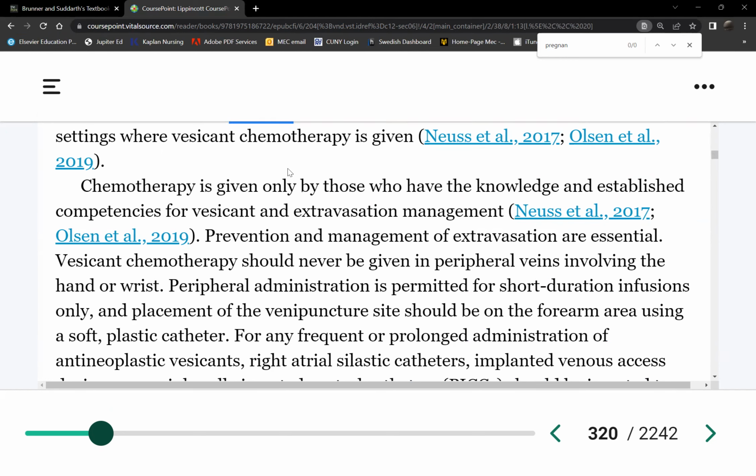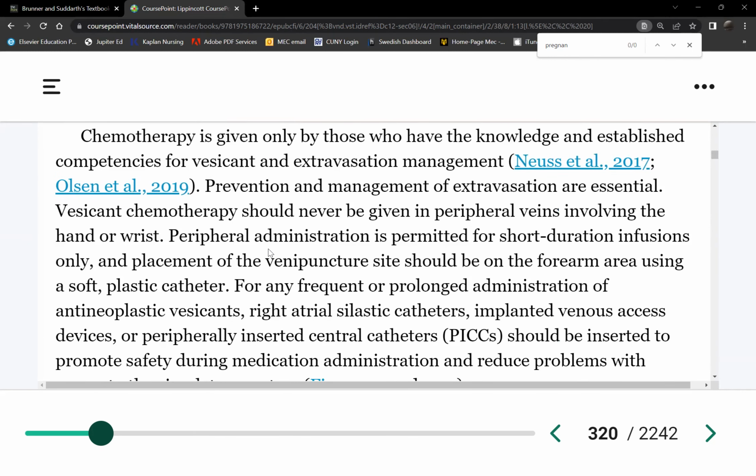But if it's anything else, so let's say it's Levophed that infiltrated, you can administer the terbutaline yourself. However, this is chemo, so they have to take care of it. Plus, it may not be terbutaline. It may be another drug that is used as an antidote. It's really chemo specific.